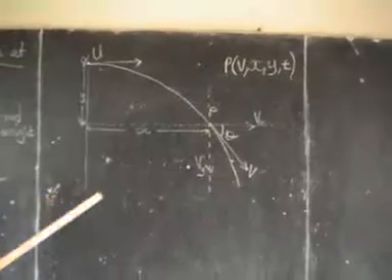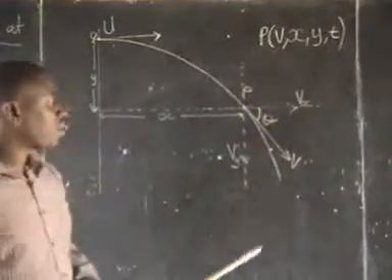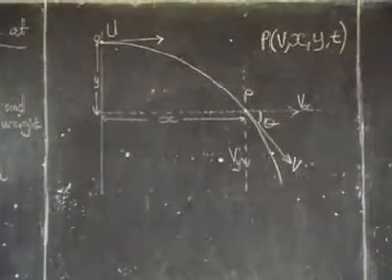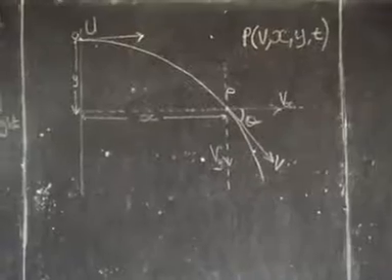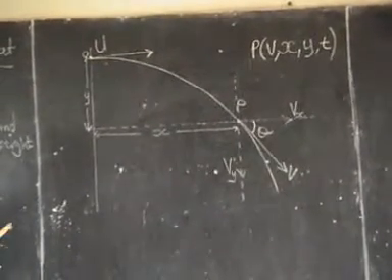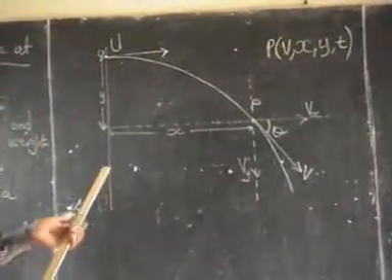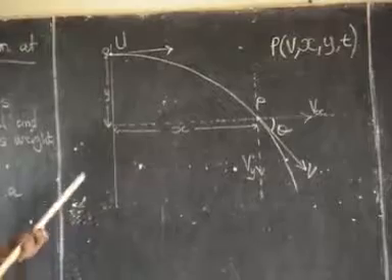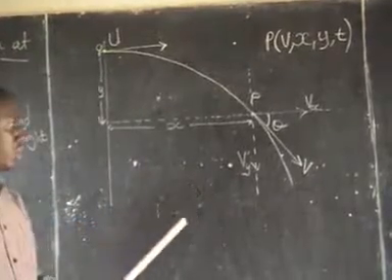In order to determine the relation between these quantities, we shall be again using the equations of uniformly accelerated motion. However, we shall have to split this motion into two. We shall split it into vertical motion, and we shall also split it into the horizontal motion.